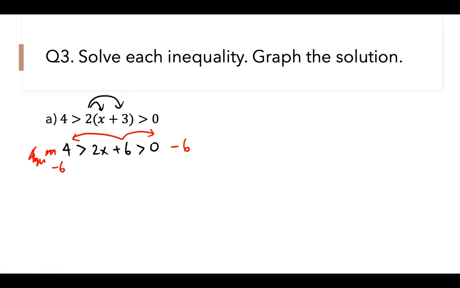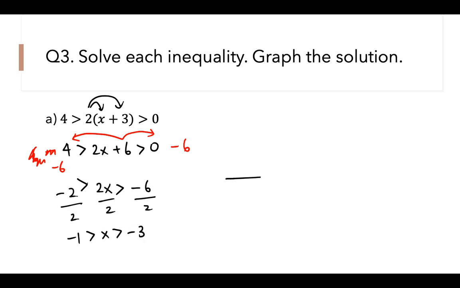Therefore, it's going to be 4 minus 6, which is negative 2. And then 2x, and negative 6. Now I'm going to divide all sides by 2. So it's negative 1 greater than x greater than negative 3.